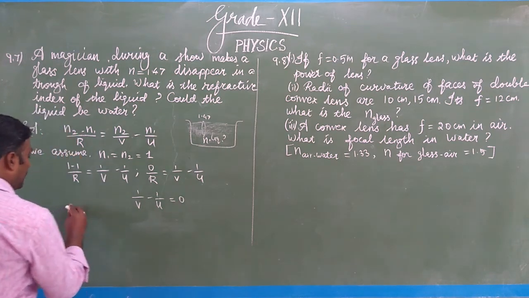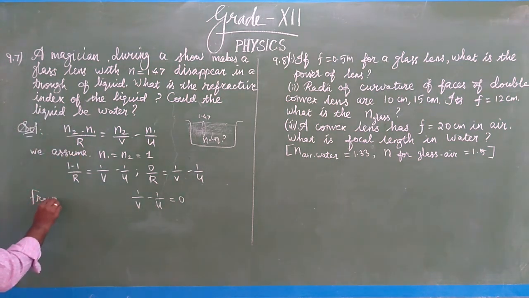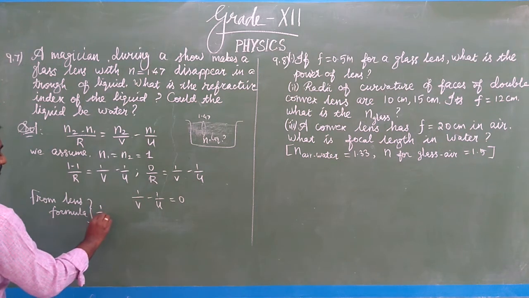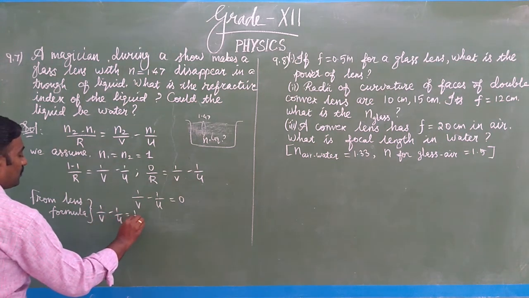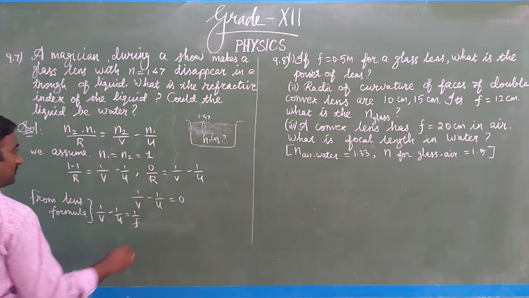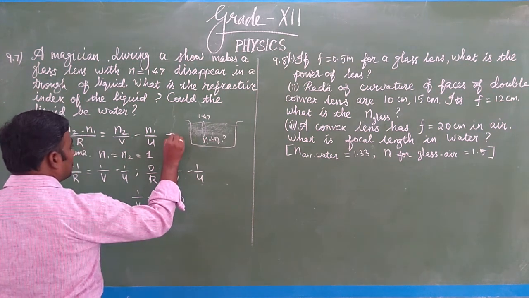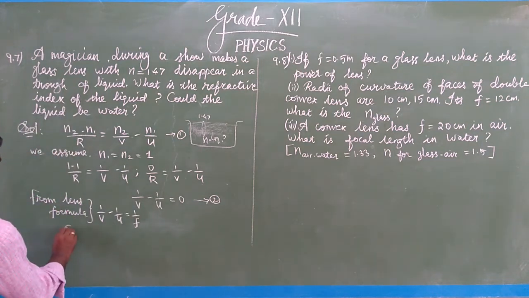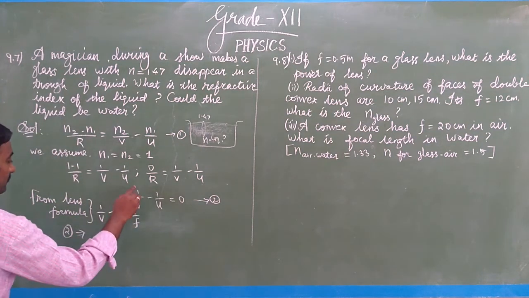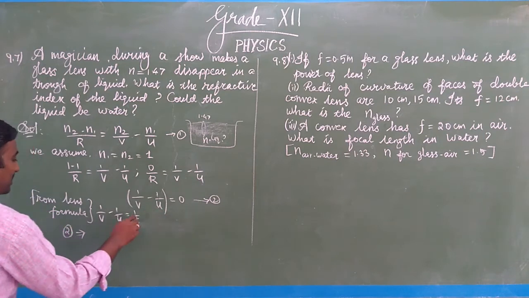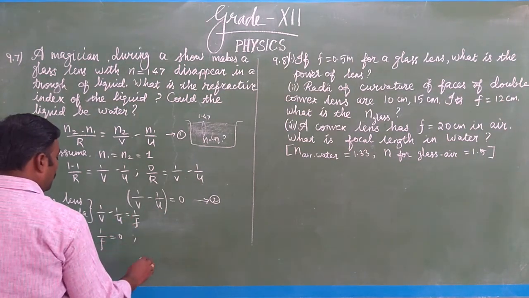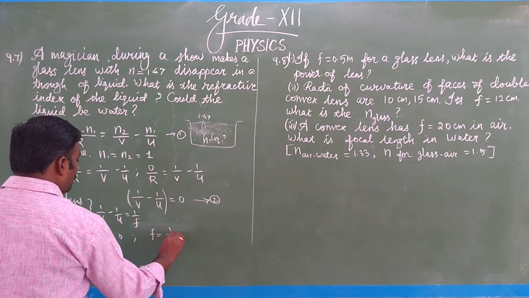But from the lens formula, already we know 1 by V minus 1 by U is equal to 1 by F. So this is the first equation and this is the second equation. Instead of 1 by V minus 1 by U, we can write 1 by F. So 1 by F is equal to 0, or F is equal to 1 by 0.